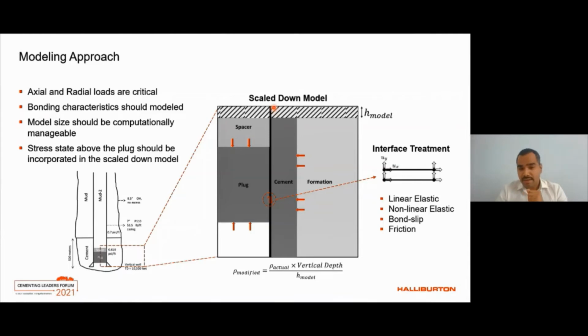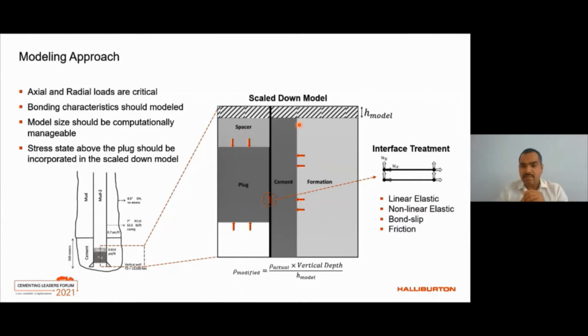It's important for me to highlight that when I use the word scaled down model, I'm not reducing the length of the plug whatsoever. I'm still considering the entire plug. What I'm in essence doing is removing all of the overburden above it and compensating for it with some effective height so that the temperatures and stresses, all three directional stresses, vertical and both horizontal, exerted on the top of the model of interest, which is the unshaded portion, are still correct.